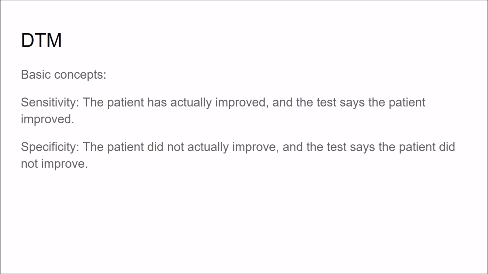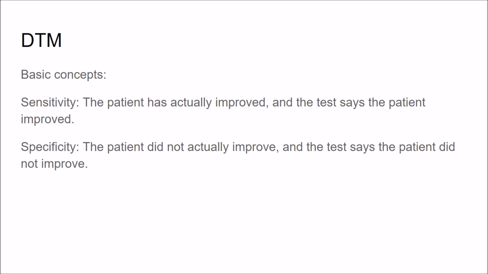So for sensitivity, there are two things. Firstly, there is the real world where there is something that we probably as clinicians don't know, but the patient has actually improved or not. So it's something we cannot observe, but let's pretend that the patient has actually improved clinically.